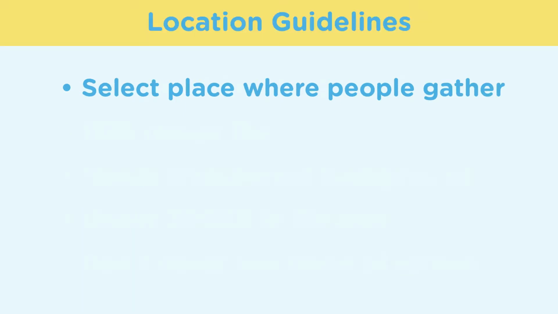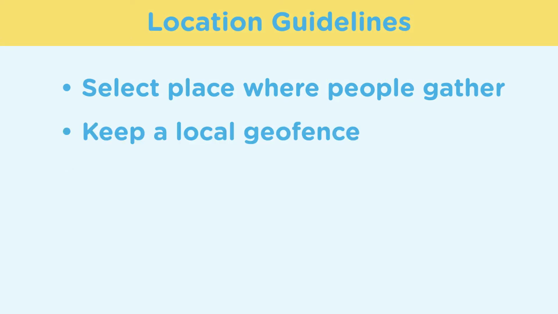When selecting a location for your geofilter, here are a few guidelines to keep in mind. First is to select a place where people will gather and take snaps. Also, if you're submitting a community geofilter, try to keep the geofence to cities and towns or local areas rather than larger areas like states, regions, and provinces.